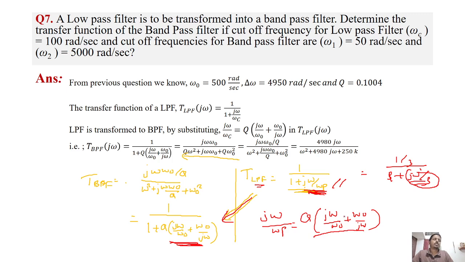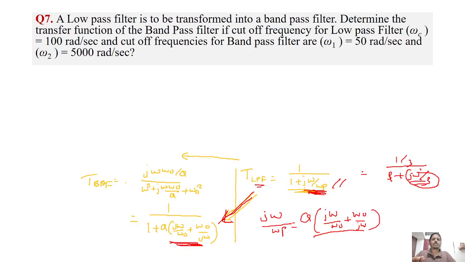We will be given the specification, the lower and higher cutoff frequency, so we can find omega naught and Q and just substitute. This is how it has been derived: the transformation to be applied on the low pass filter transfer function, that is, the value of j omega to be substituted, so that I get the transfer function of the band pass filter. Relating these two equations, we got this.